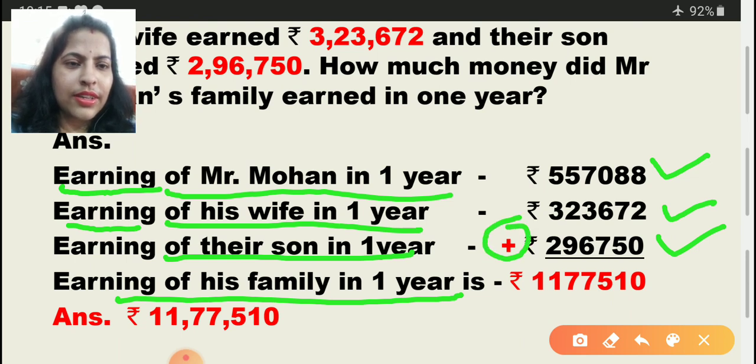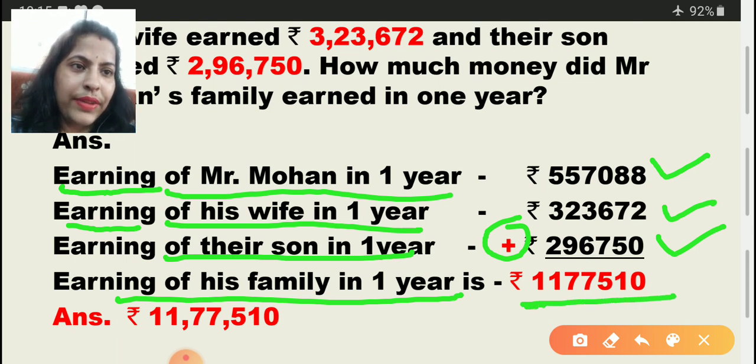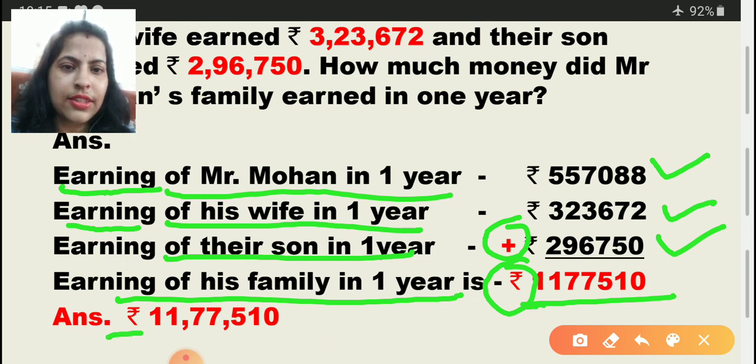Plus, because you have to find the total earning. So now see, I have added all these in 3 columns, and don't forget to write the rupee sign. Never forget to write the rupee sign in the answer also.